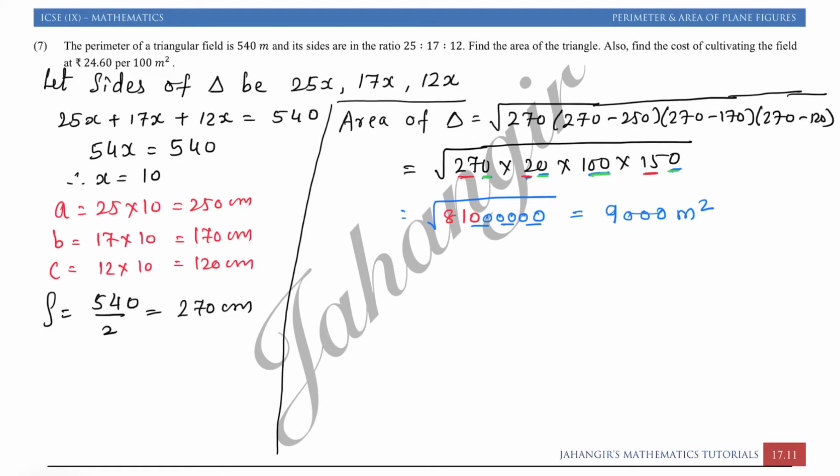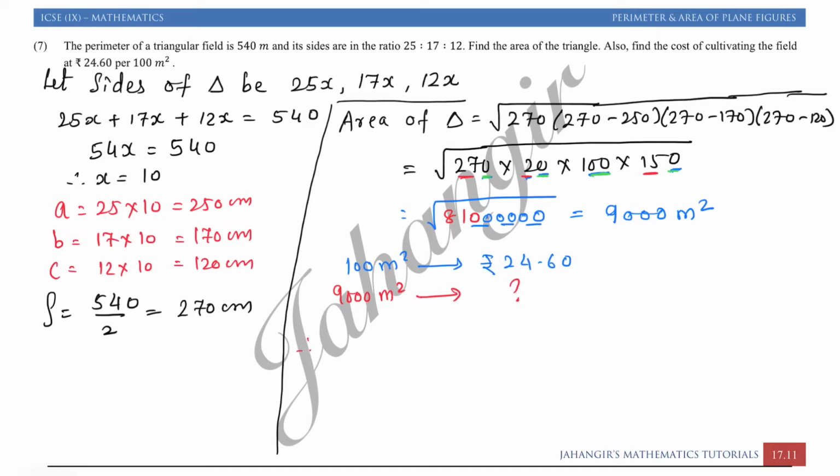We got the area. So now 100 meter square costs rupees 24.60 for cultivation. So we can do the unitary method. So 9,000 meter square costs question mark.